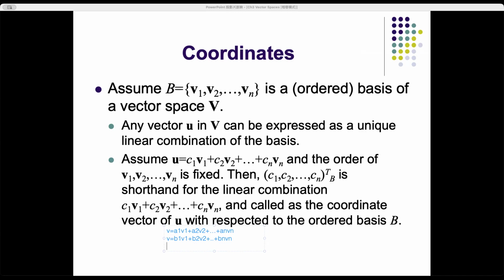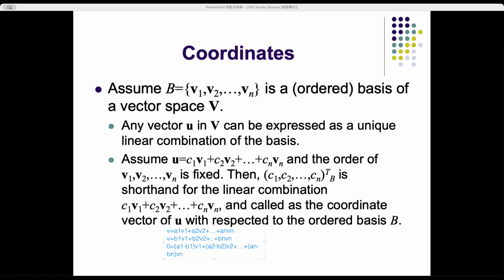What you are going to get is 0 equals (A1 minus B1) V1 plus (A2 minus B2) V2 plus ... plus (An minus Bn) Vn, right?